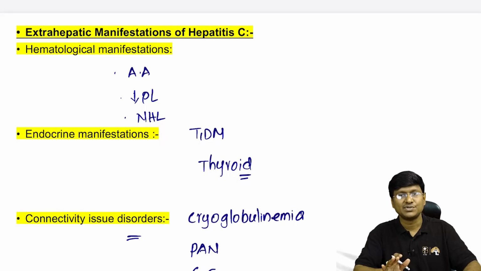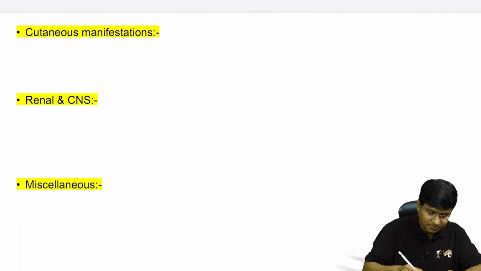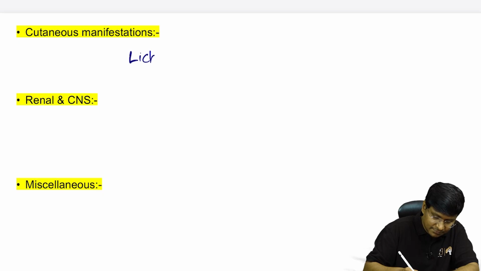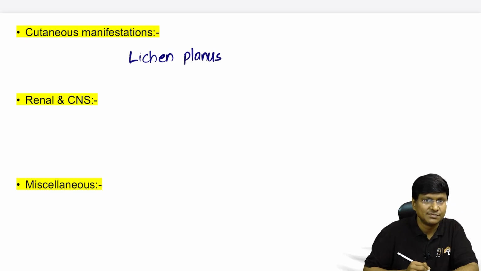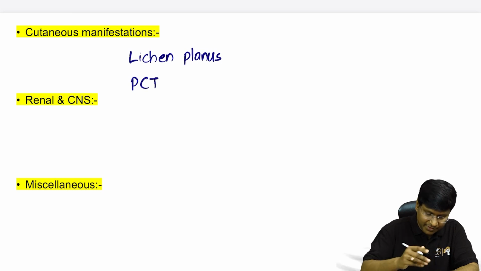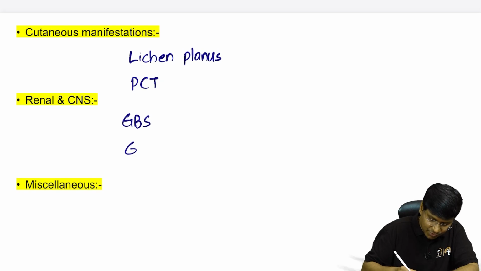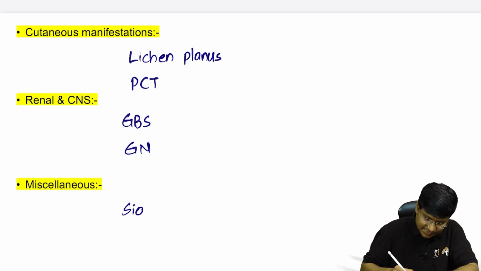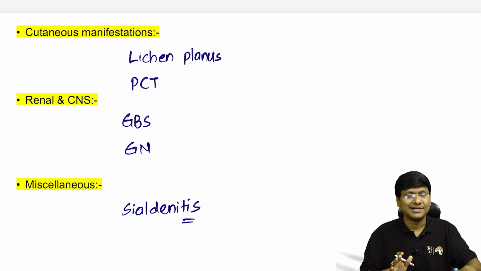So these are the connective tissue disorders that can be seen in hepatitis C. The cutaneous manifestations are lichen planus and porphyria cutanea tarda. The renal and CNS manifestations include Guillain-Barré syndrome and glomerulonephritis, and a miscellaneous condition is sialadenitis. Okay, so these are the extrahepatic manifestations of hepatitis C.